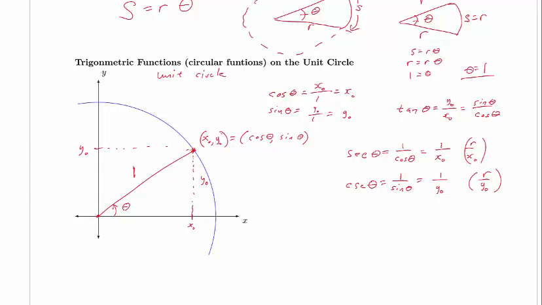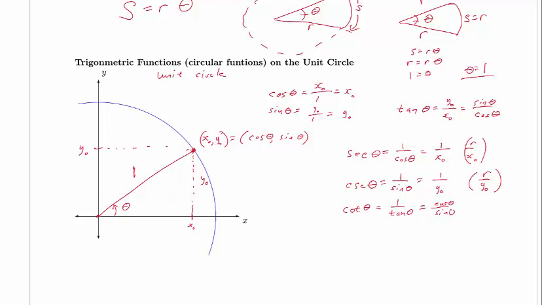One more co-function on here, you might have guessed, is going to be the cotangent. And so cotangent of theta equals 1 divided by tan theta. We have a couple of different ways to express this one. Since tangent is sine over cosine, then obviously cotangent of theta must be cosine theta over sine theta, right?